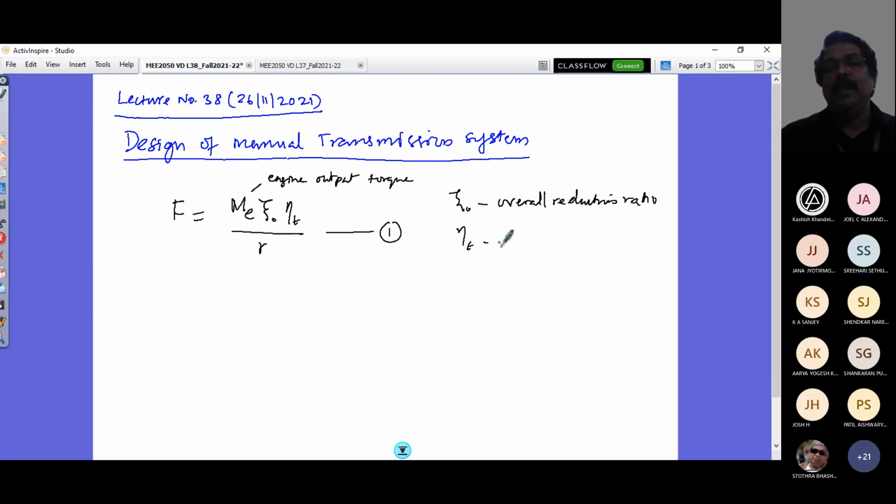It's the transmission efficiency, the mechanical or overall transmission efficiency. And R is the rolling radius of the tire, the radius of the tire wheel assembly.